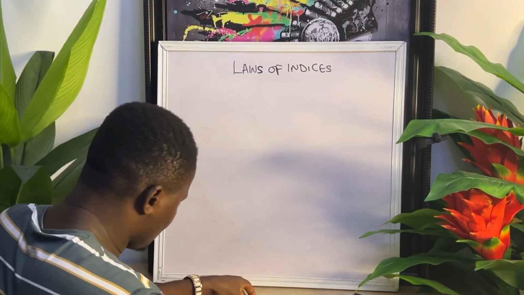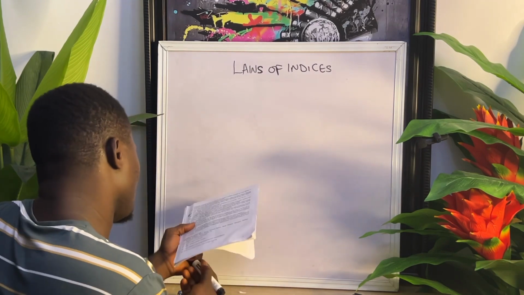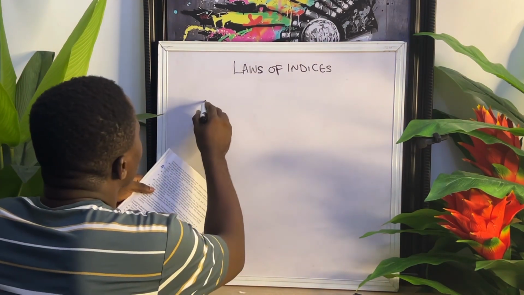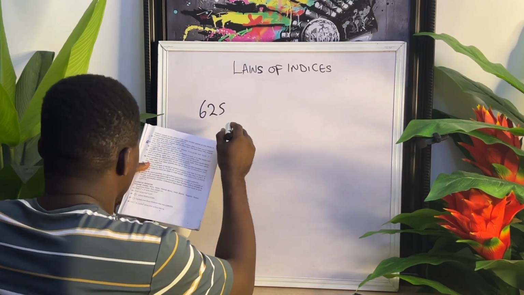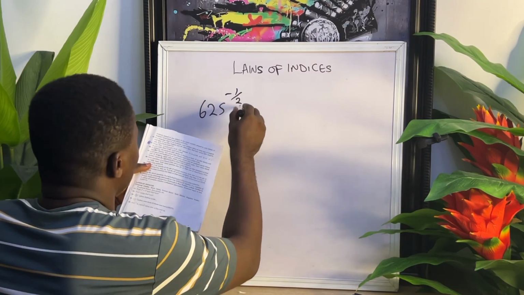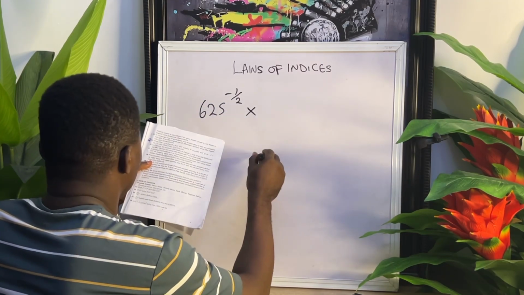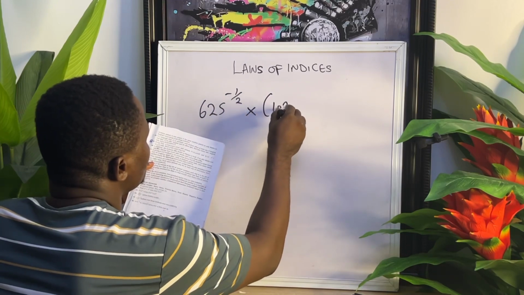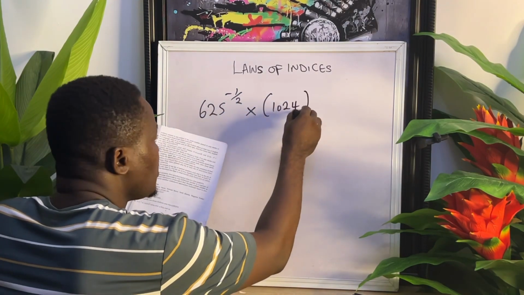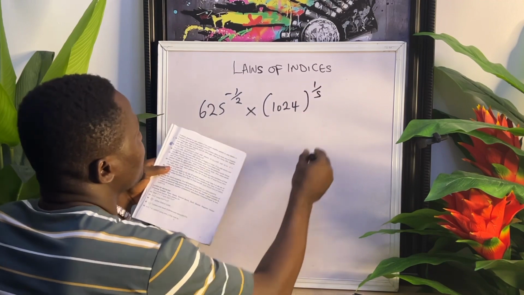Question 1. We have 625 raised to power minus 1 all over 2, and then times, open bracket, 1024 raised to power 1 whole over 5. Solve.